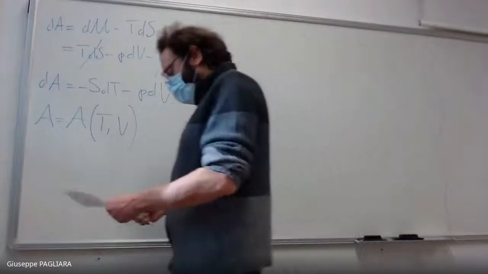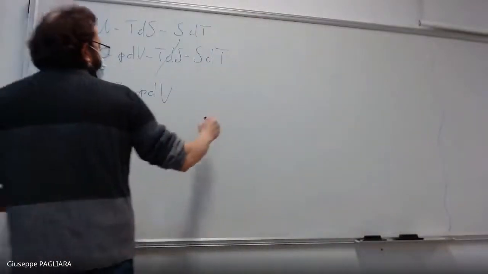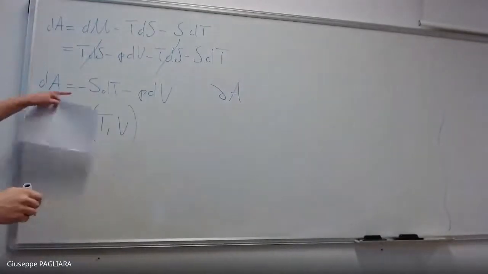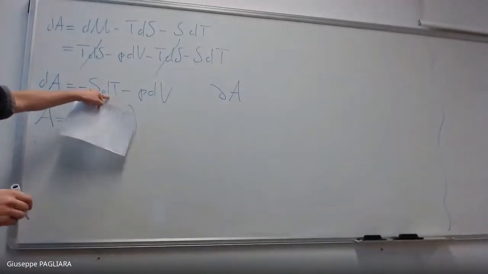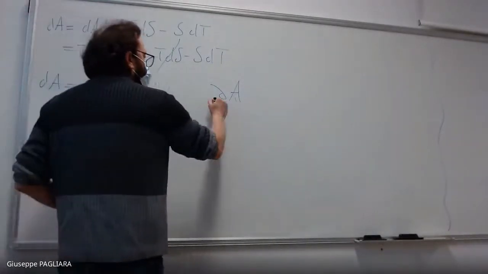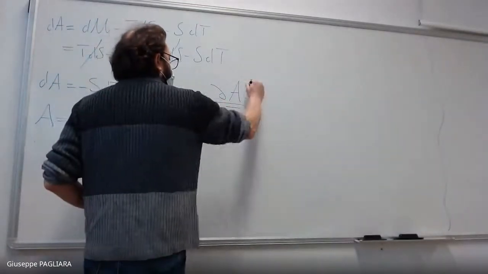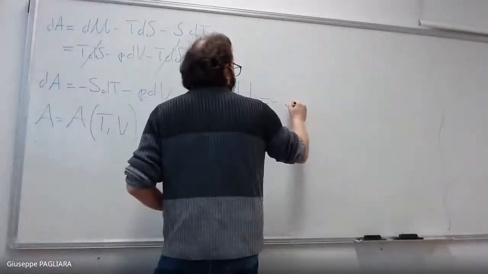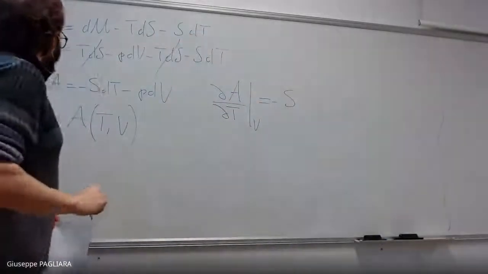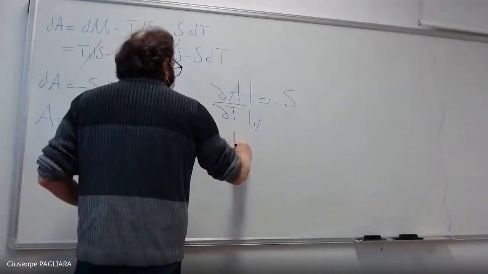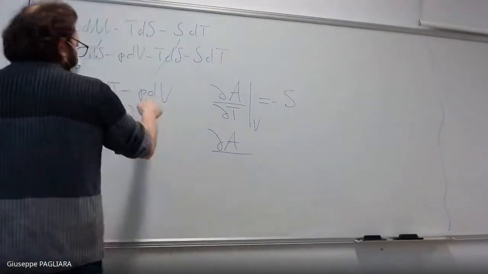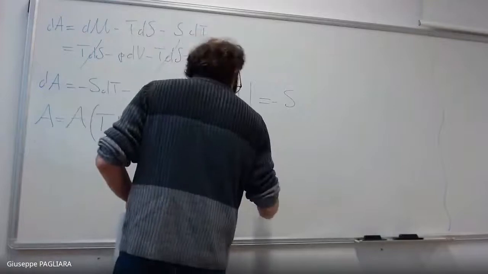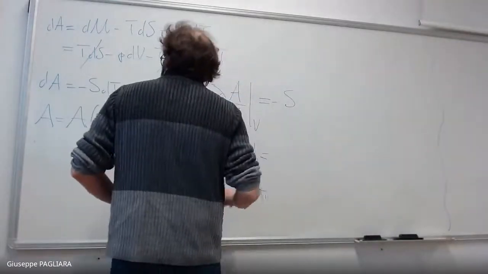The two Maxwell relations that I can derive from here is that if I do the partial derivative of A with respect to temperature at fixed volume, it is minus entropy. And if I do the partial derivative of A with respect to volume at fixed temperature, it is minus the pressure.